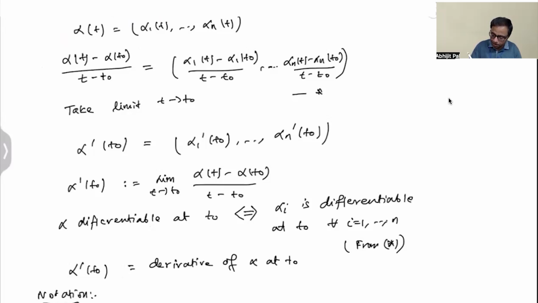Sometimes I'll also use this notation: alpha dot t naught is just equal to alpha prime t naught. Okay, I'll stop here. In the next lecture, we'll be defining the length of a curve.